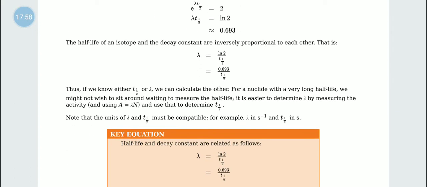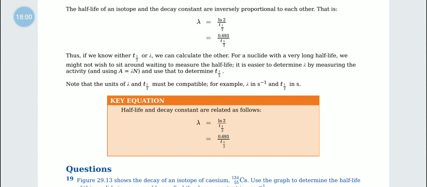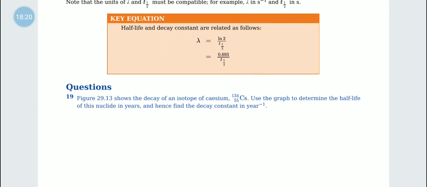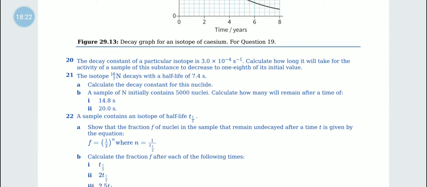So that means if we know t half or lambda, we will be able to calculate the other. Lambda equals natural logarithm 2 divided by t half, or natural logarithm 2 is 0.693 divided by t half. So that's another equation that you need to know.